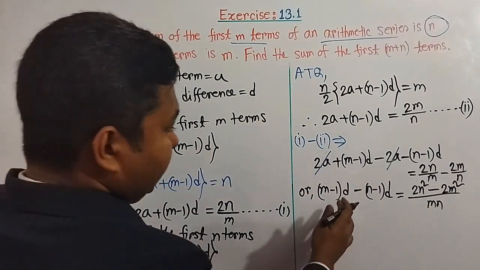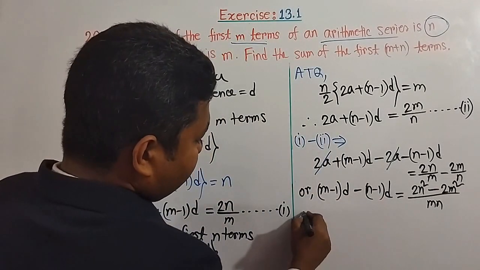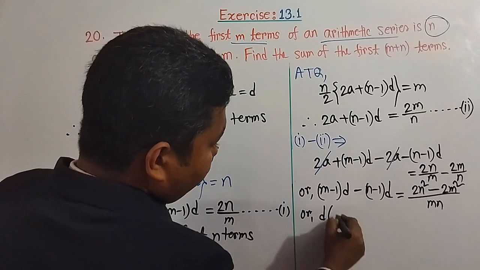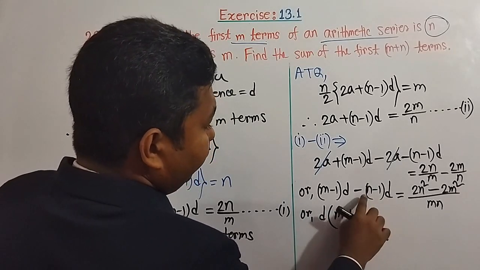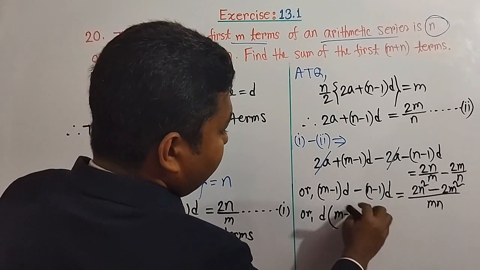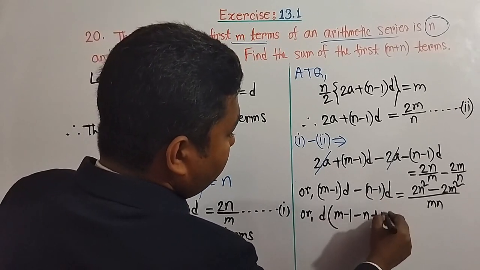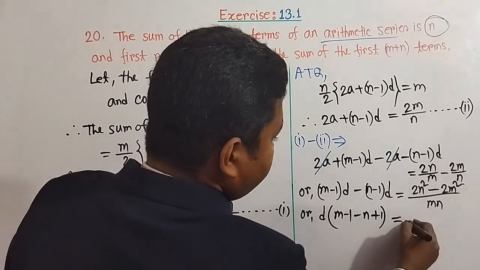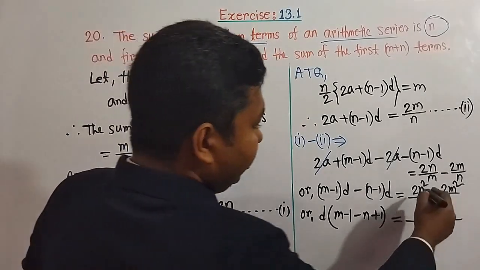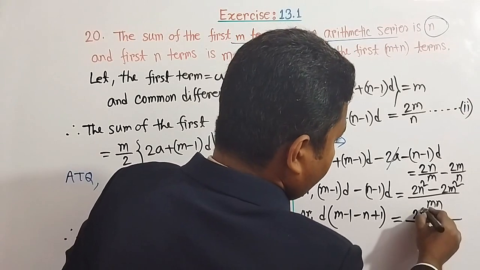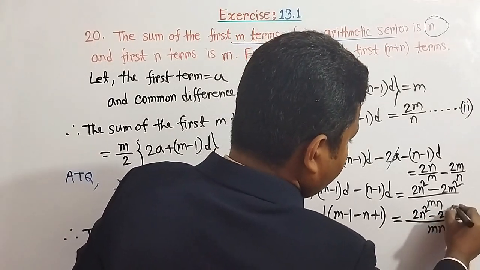Now we take d common from the left hand side, so d into m minus 1, minus n, minus minus becomes plus 1, equal to 2n square minus 2m square over mn.